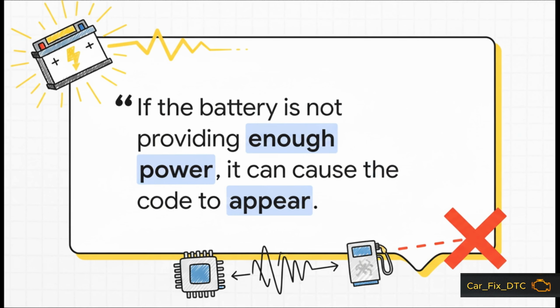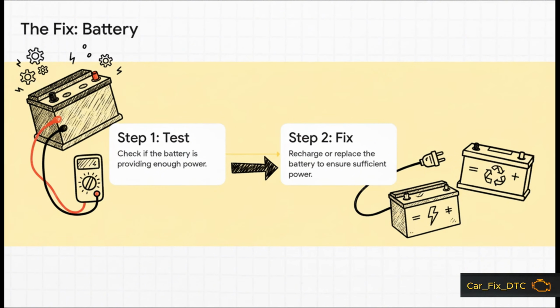They just don't have the energy to function correctly, which can lead to those very same irrational signals that trigger the P062A code. And the beautiful thing about this suspect is that it is often the easiest to investigate and the easiest to fix. A simple battery test can tell you if it's the culprit, and the fix is as simple as a recharge or a replacement. Honestly, this should always be one of the very first things you check.